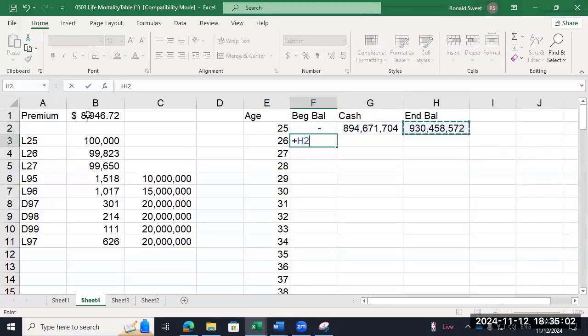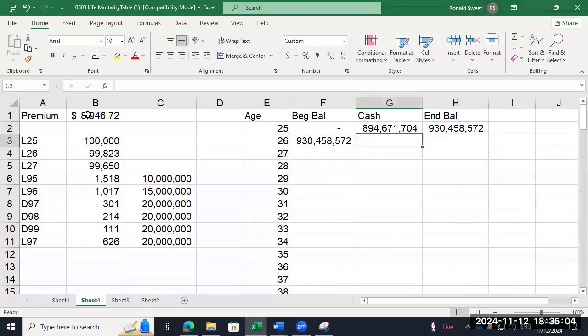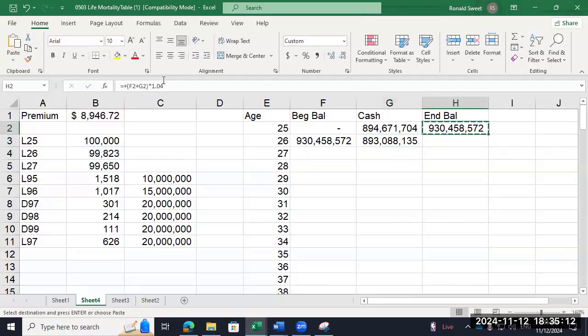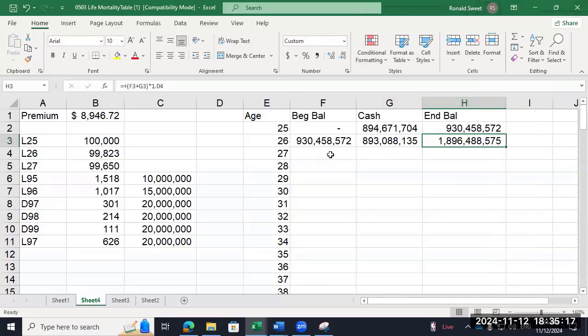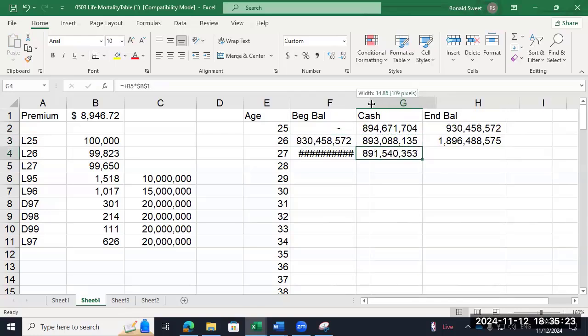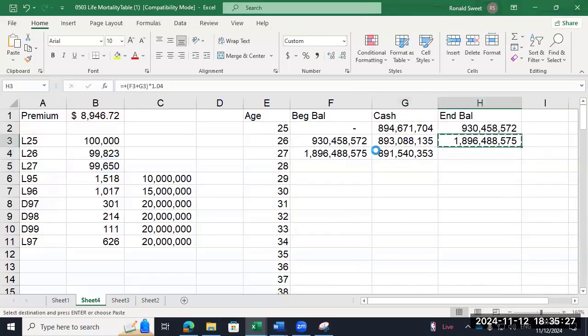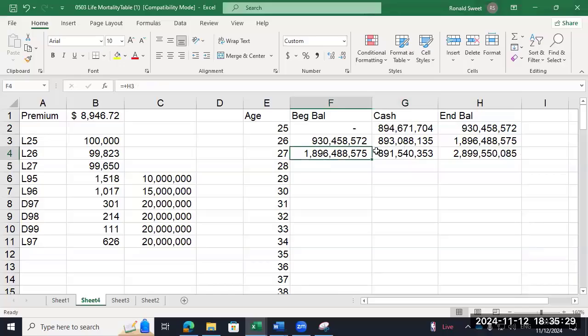Then your beginning balance the next year is that ending balance here. You're going to receive 99,823 times your premium, and your ending balance rose again. And then one last premium, your L27s times the 9,000. There's your last balance, $2 billion.